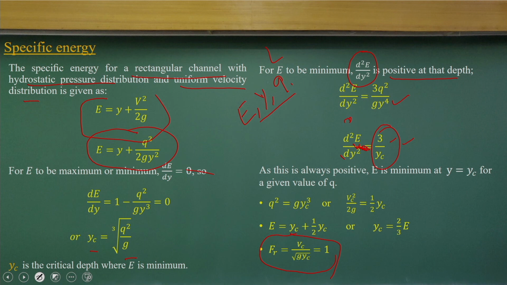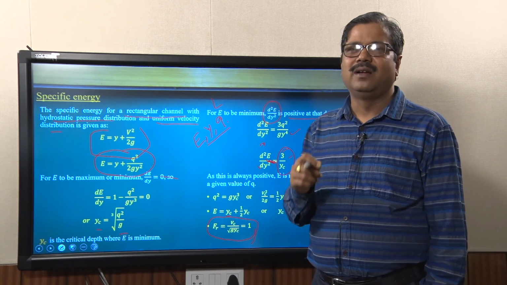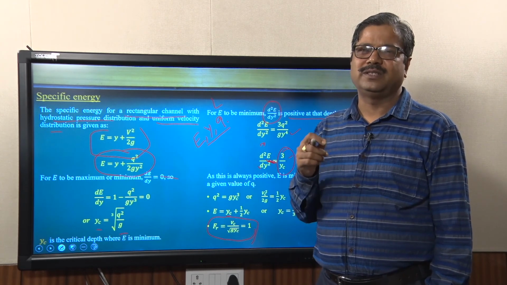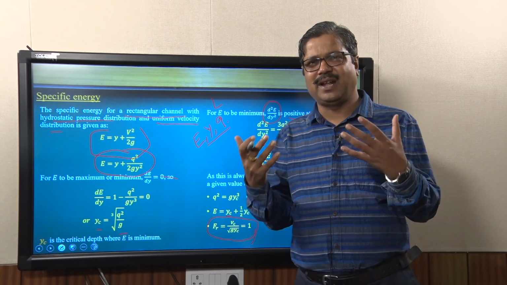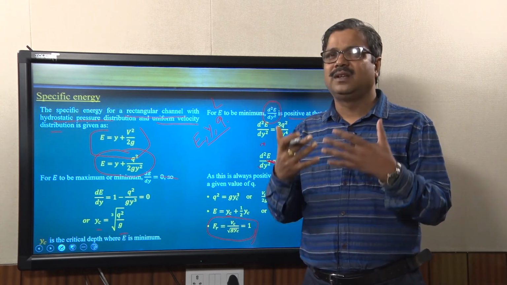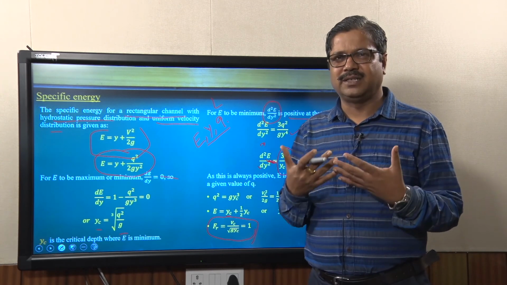So you can arrange it and do the first and second derivatives and equate them, and you get that at the critical flow depth E equals E minimum and the Froude number is equal to 1. That is the same concept we derived from the specific energy curve, now given as a mathematical justification.